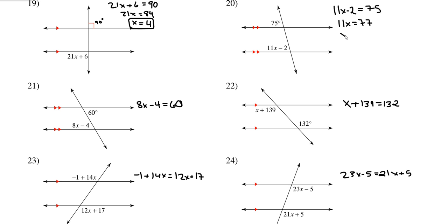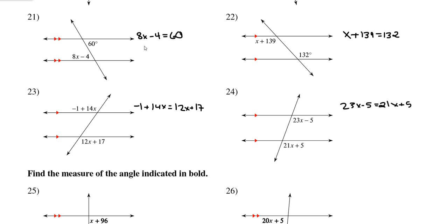Divide both sides by 11, you get 7. On 21, add 4 to both sides, and then divide both sides by 8. And you get 8. Over here, we need to subtract 139 from both sides, and we get negative 7.